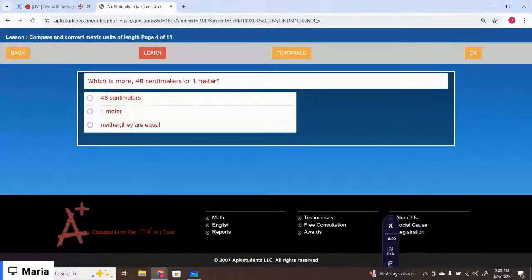Which is more, 48 centimeters or 1 meter? 1 meter equals 100 centimeters, so the correct option is 1 meter is more than 48 centimeters.